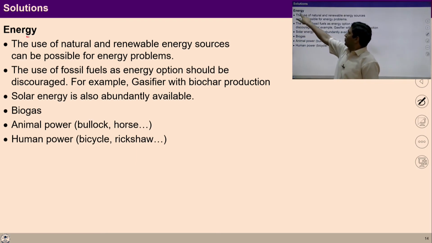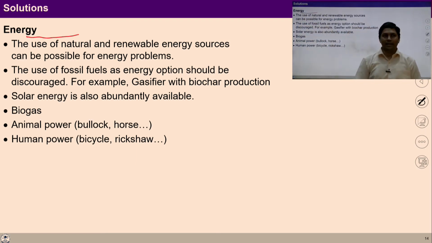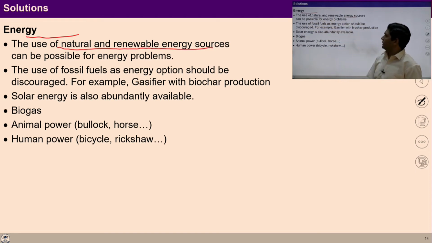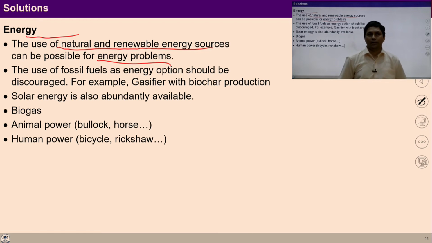We can see the solution, for example, in energy. The use of natural and renewable energy sources can be possible for energy problems. If we use renewable energy sources rather than fossil fuels, it can solve many problems of energy.